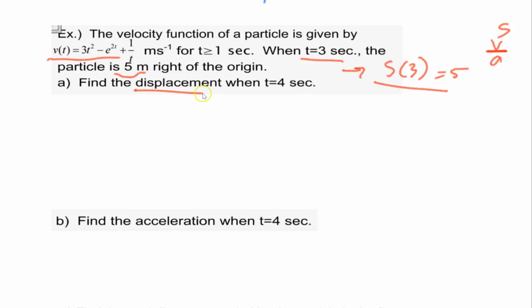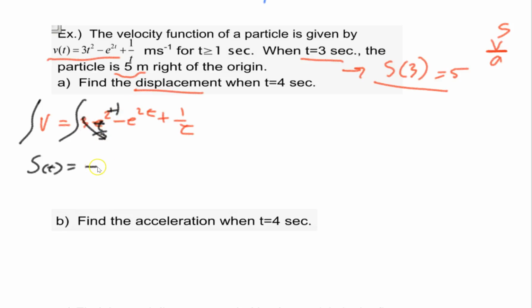So first I gotta find the equation for displacement. We have velocity right now, so I gotta integrate this. Right, to go from velocity to displacement, you gotta integrate. So my displacement: the integral of 3t squared is t cubed, add 1 to the power, divide by the new power. The e to the 2t is a reverse chain rule, because it's e to the 2t.